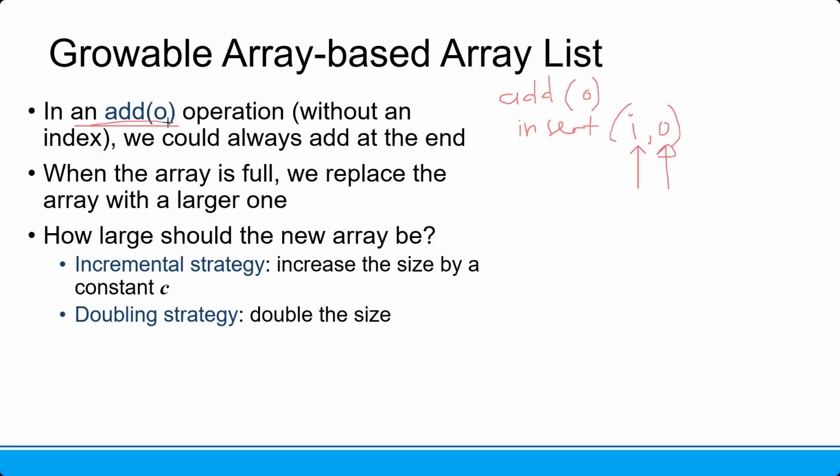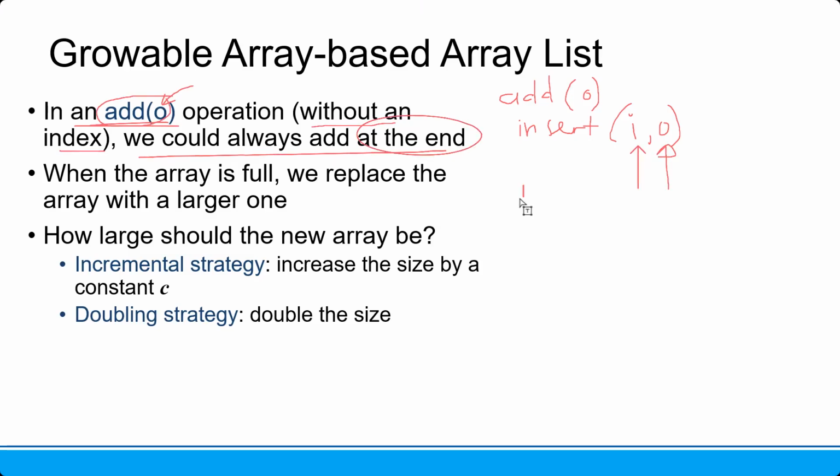So we can also do the addition with only adding the object. If we use add o without any index, it means that we will add the element at the end.